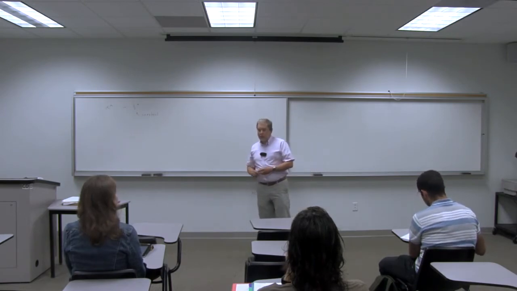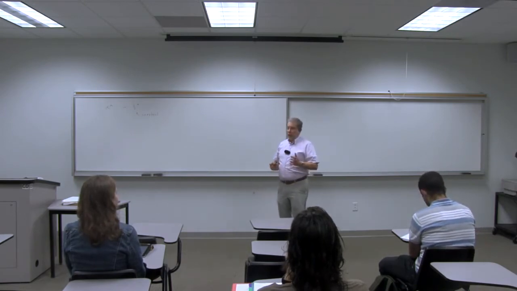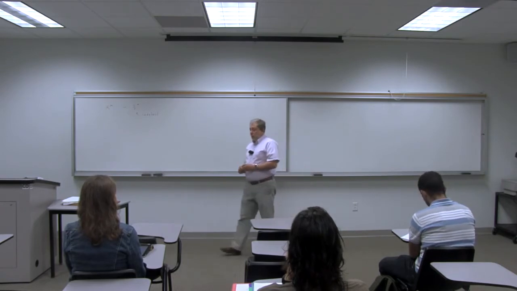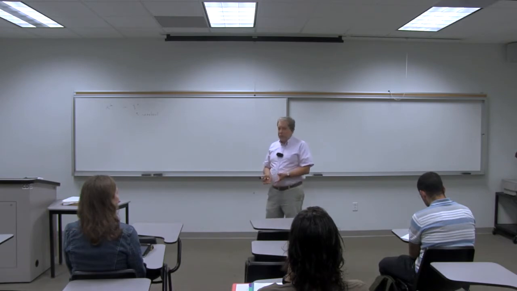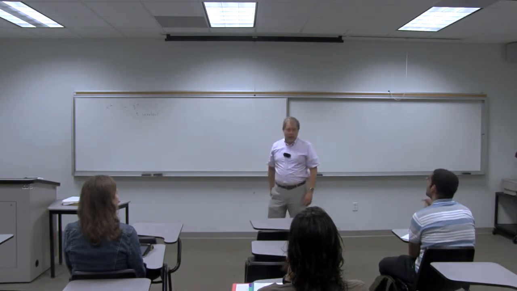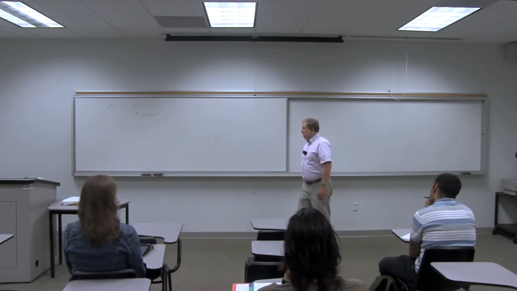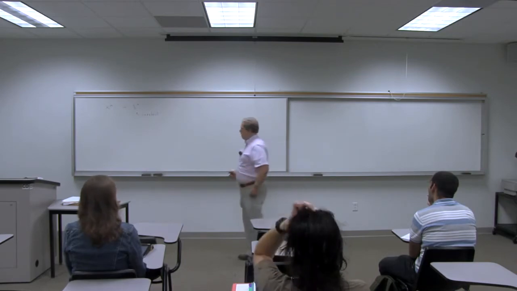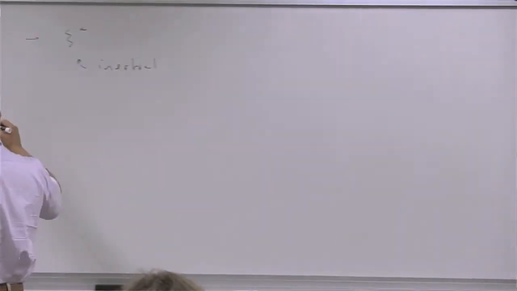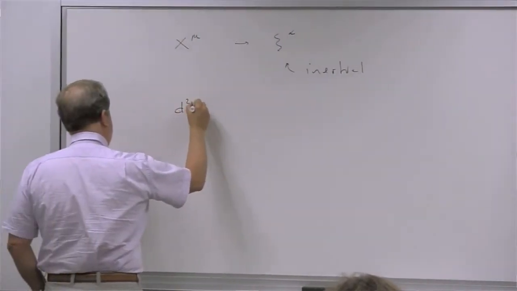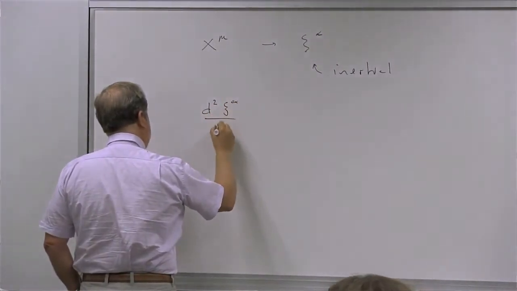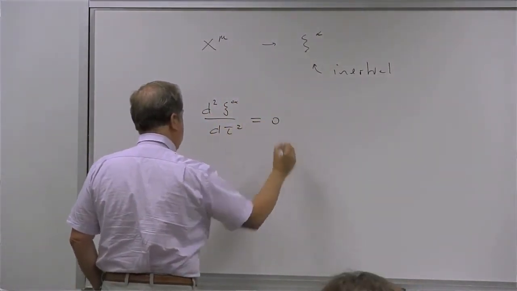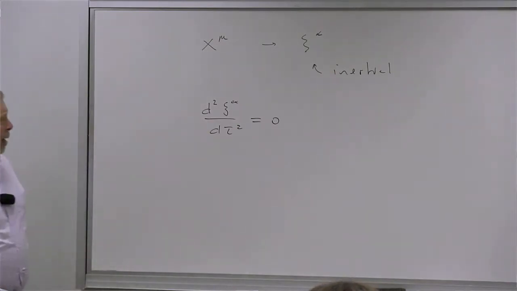That is, there is no acceleration, and you have the laws of unaccelerated frames, which, to be more precise, are the laws of special relativity. That's why we use the indices alpha, beta, gamma for the coordinate system of special relativity, and index mu for any other general coordinate system. So in this inertial coordinate system, we have that the second derivative of xi alpha with respect to tau squared is equal to 0.